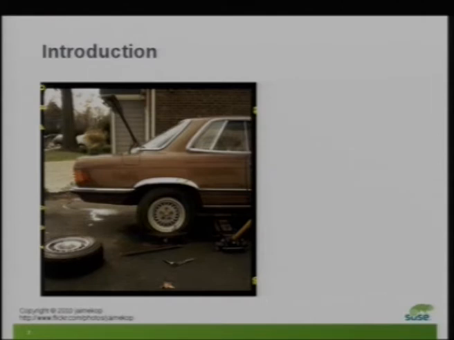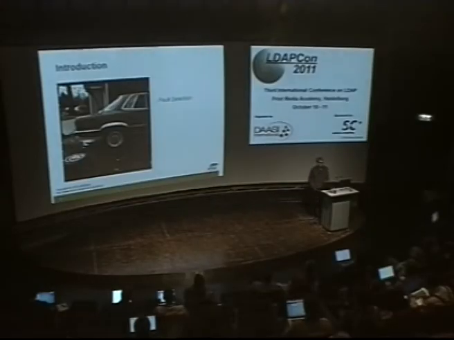So fault detection is a very important part of high availability. If you are fast to detect a failure, you have a good chance to be fast on recovering from that failure. For this example, in the car case, it's very simple to detect the failure because if the tire is flat, you immediately notice that. For software, it can be slightly more complicated to detect failures, actually.